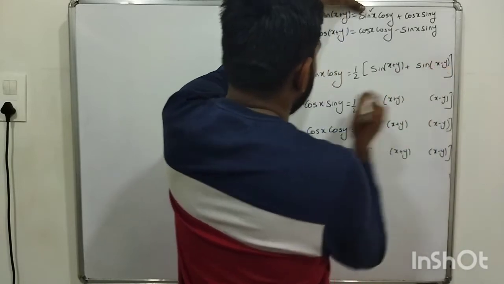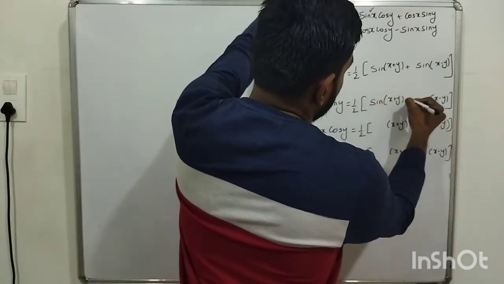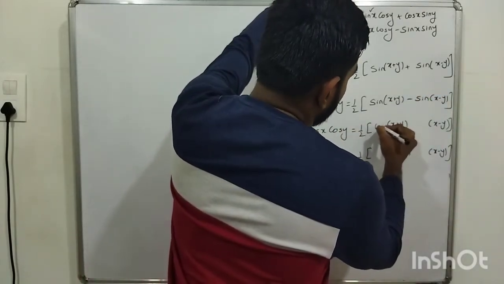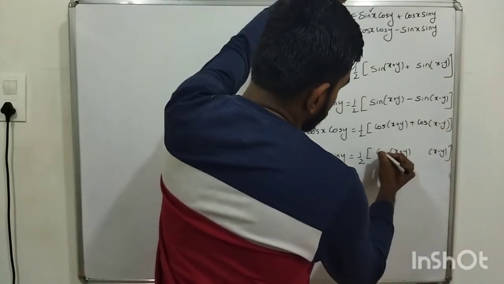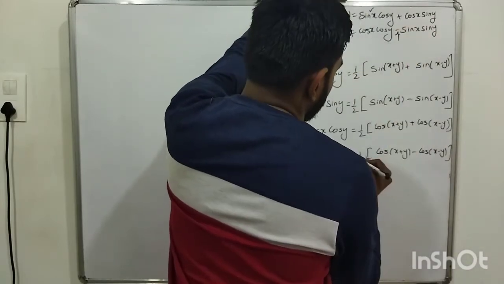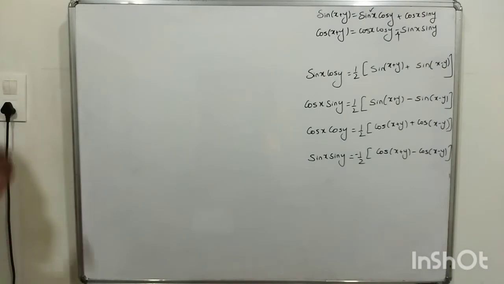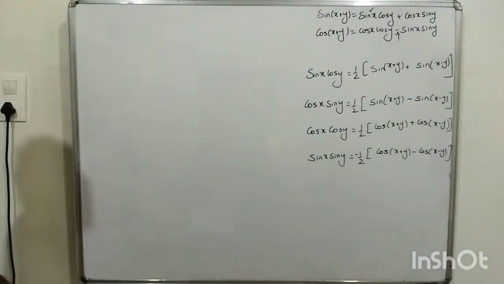Similarly, this we used to use when there was sin minus sin, this when it was cos plus cos, and this when it was cos minus cos, and along with that this sin also used to be taken. So these are the four formulas: sin plus sin, sin minus sin, cos plus cos, cos minus cos.